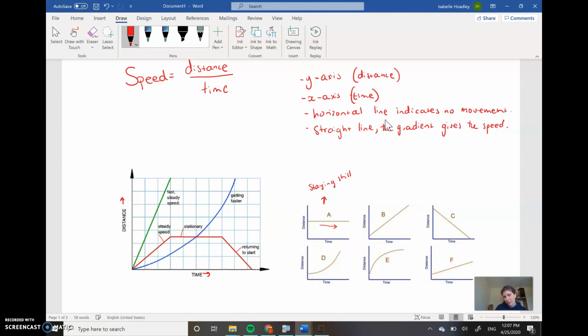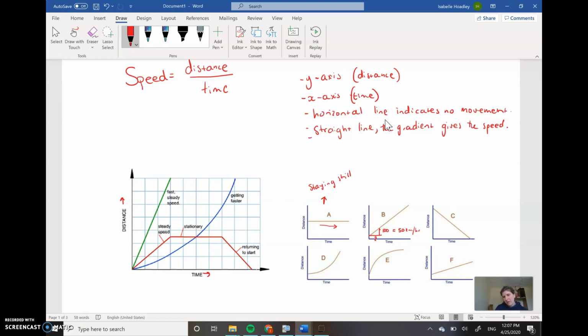For example, if this was going 100 kilometers up for every 2 hours that you went across, that would be a speed of 50, because it was 100 divided by 2. Remember rise over run, 50 kilometers per hour.